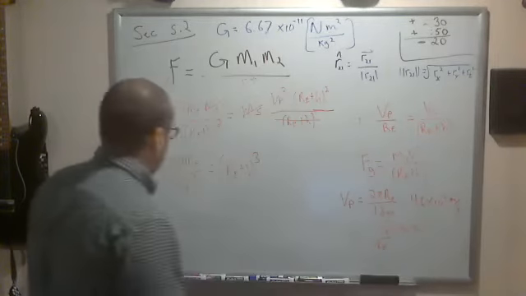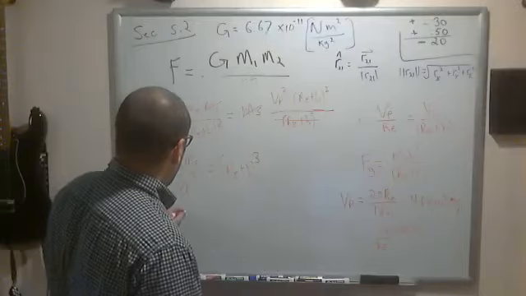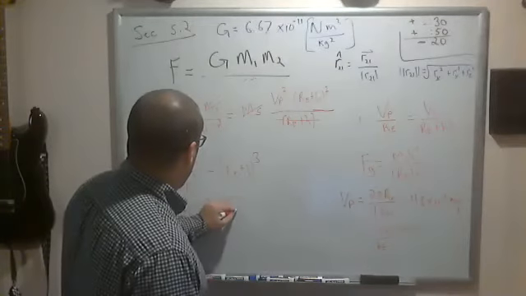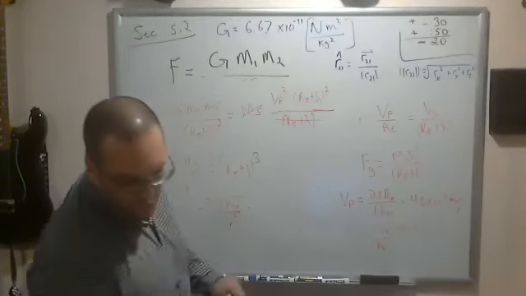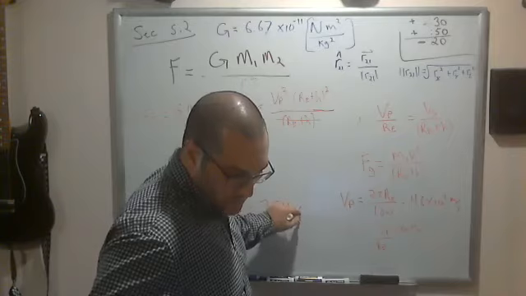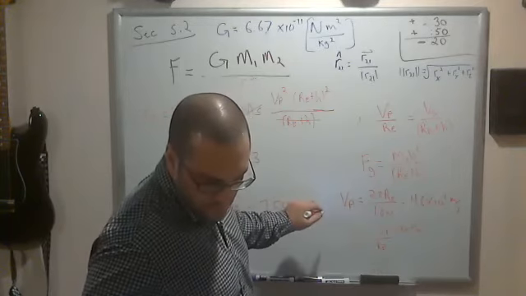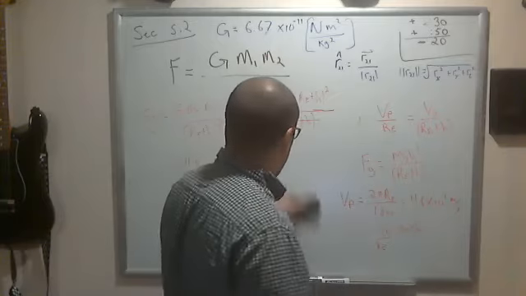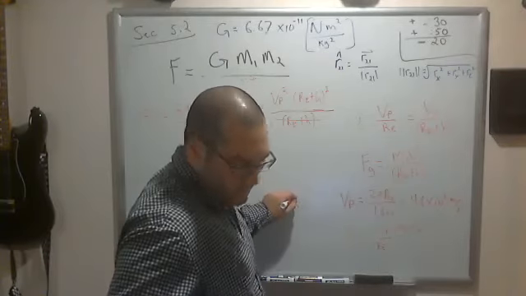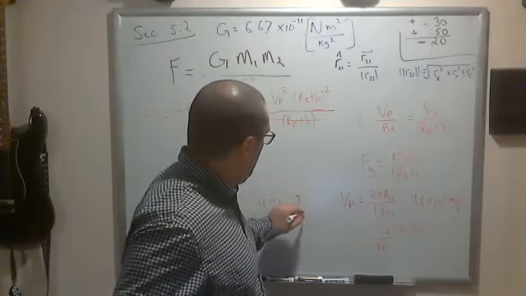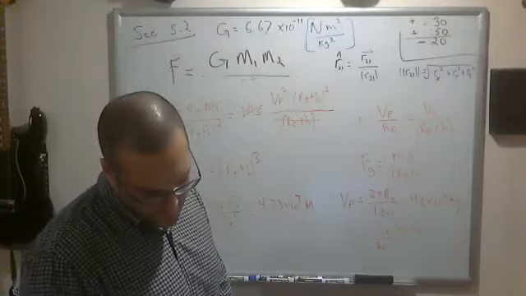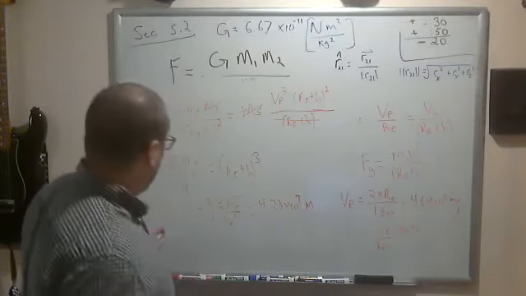So we end up getting RE plus H. We just take the cube root of this, and we get this distance, about 42 million meters. And this is from the center of the Earth. So then H would be this minus the radius of the Earth.